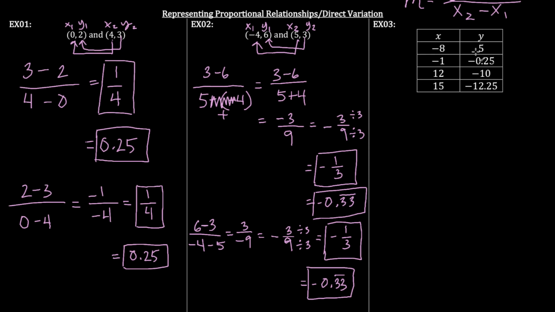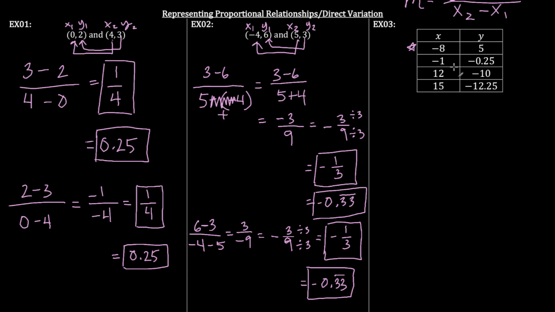Now we have this table here. You can use any of these. It doesn't matter. I'm going to try to choose my nice ones here, so I'm going to choose the non-decimal ones. You can use the decimal ones if you want, but you'll probably need a calculator.